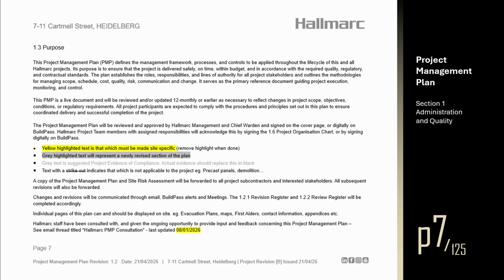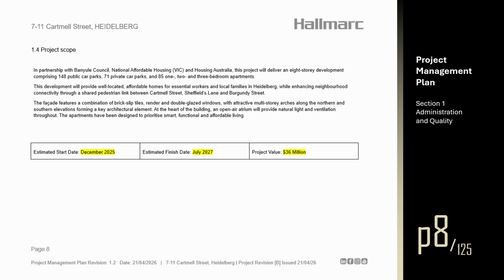Individual pages of this plan can and should be displayed on site. For example, evacuation plans, maps, first aiders, contact information, appendices, etc. Hallmarc staff have been consulted with and given the ongoing opportunity to provide input and feedback concerning this project management plan.